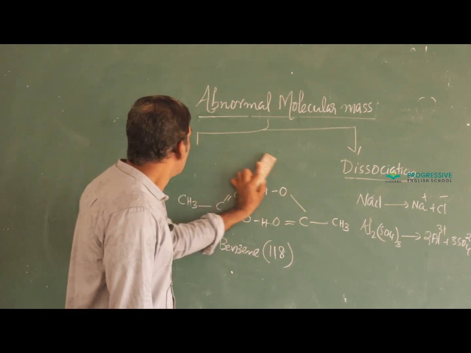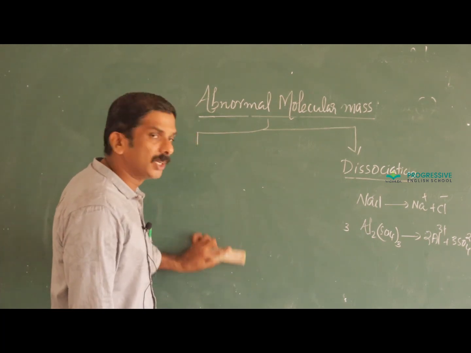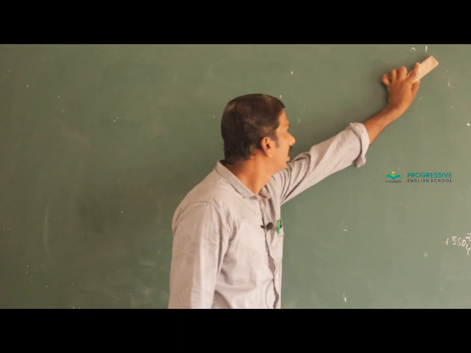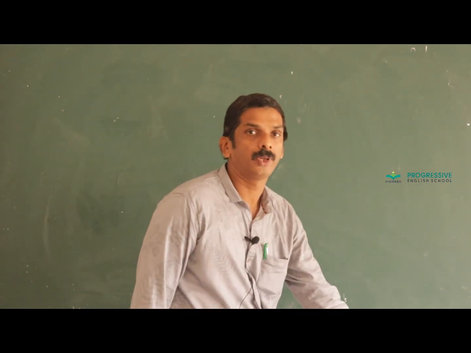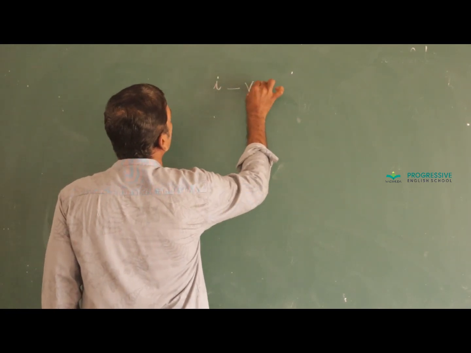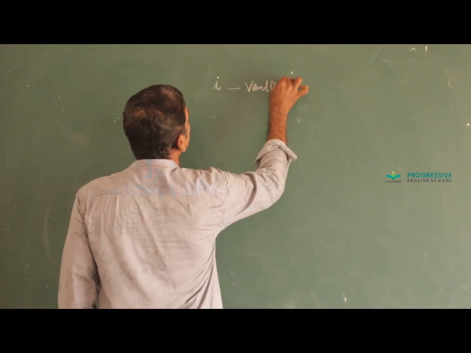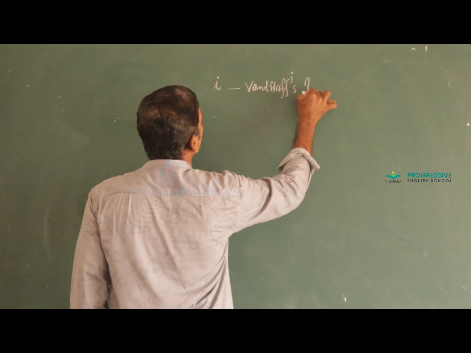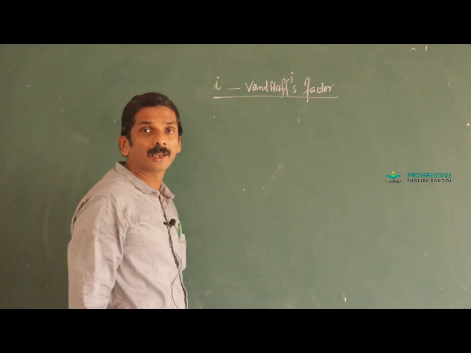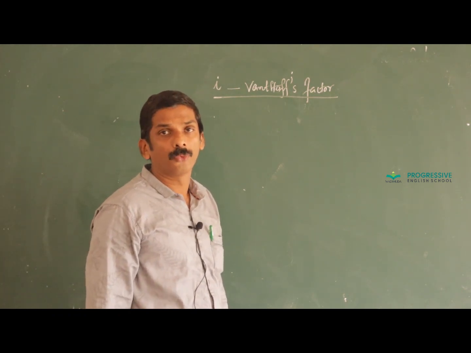Then, in order to express this extent of abnormality, Van't Hoff introduced a factor i, which is called the Van't Hoff factor.